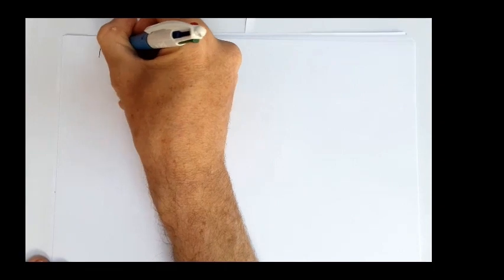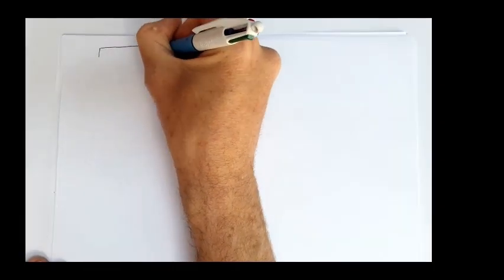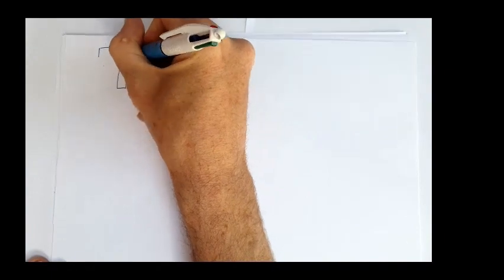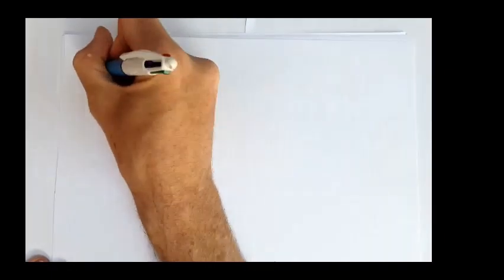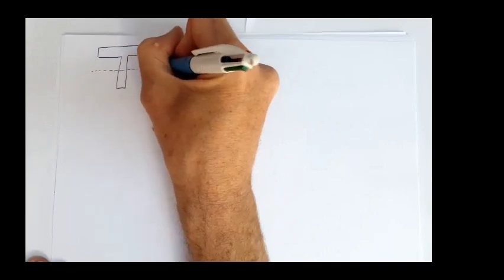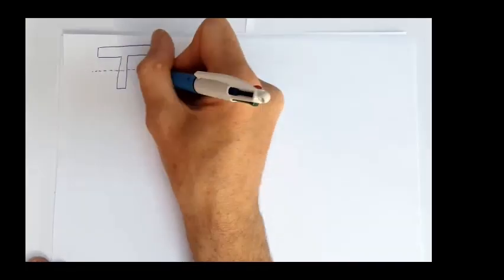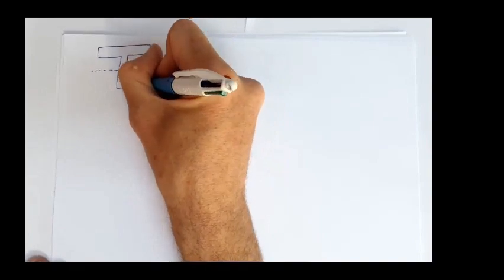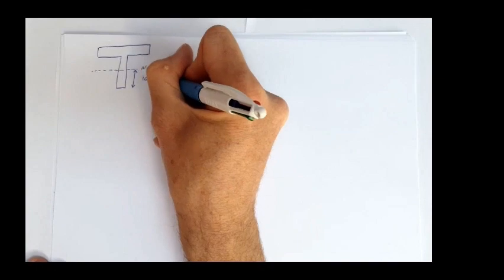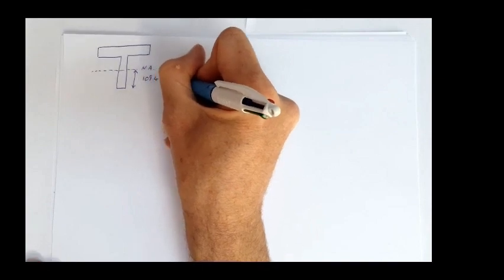Okay, so let's consider what we've calculated so far. We've got our T section beam. We've calculated where the neutral axis is. So let me draw my neutral axis. We've said that is equal to 109.4 millimeters.